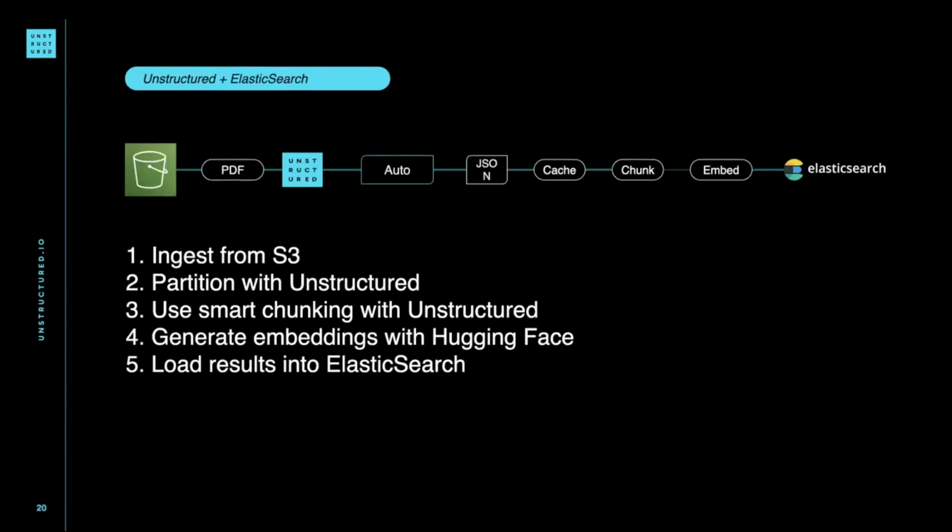And now let's look at an example before we run out of time. I'm going to show an example where I have some PDFs in an S3 bucket. I process them with Unstructured. I choose the auto partition strategy, and the resulting JSONs I'm going to chunk, embed, and load into Elasticsearch.